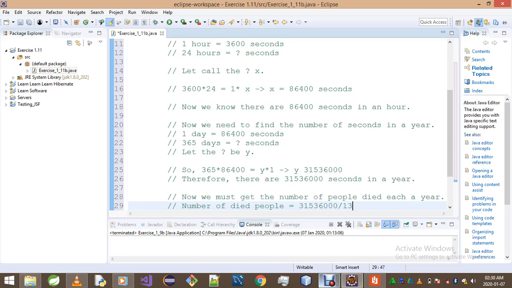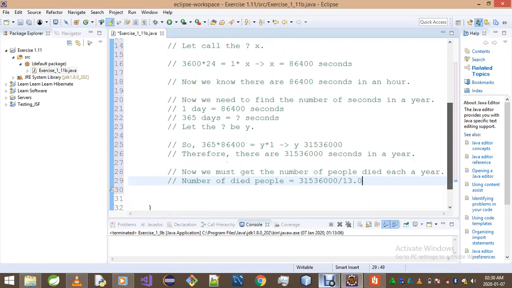Look at this, you folks. I decided not to use 13.0 because we only need a whole number, so there's no way you could possibly get an answer of, say, 20.5 people died each year. It wouldn't make sense.